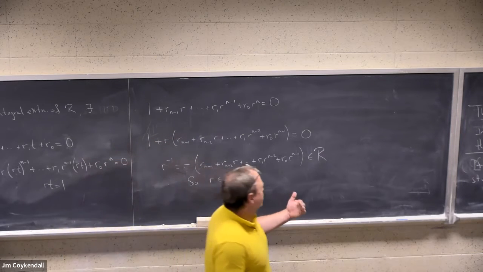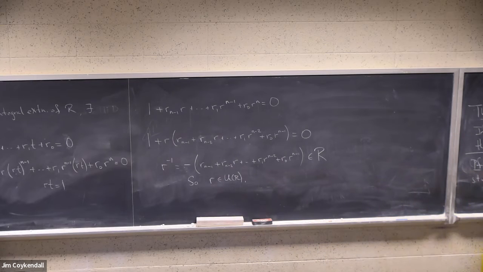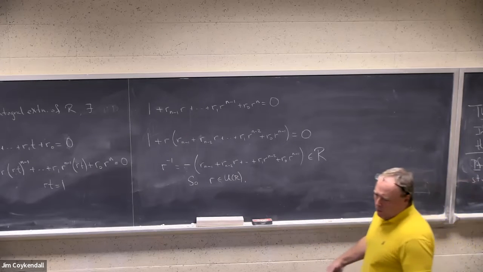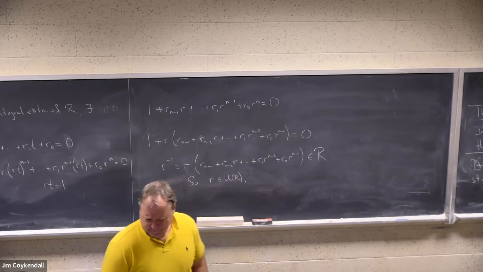If r is a unit upstairs, then it had to have been a unit downstairs. So if it's not a unit downstairs, it can't be a unit upstairs. Okay, any questions on that?